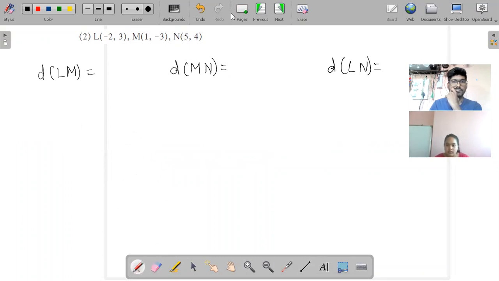Three root 5? Correct. 3 root 5. Next, go for distance MN.